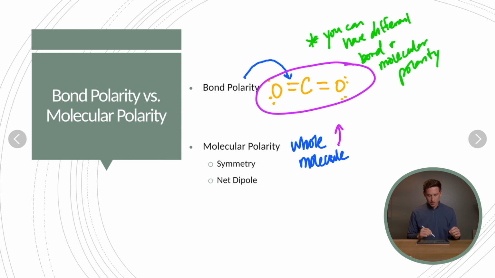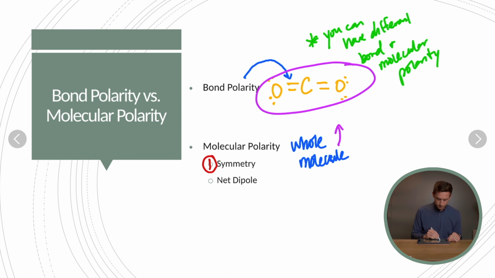Now, there are two tricks that I like to reference here. The first one is symmetry. If something is symmetrical, or equal on both sides, and here we actually have to take into account the geometry of that particular atom, or if it's not. So let's break this down, and I'm going to move this over here.